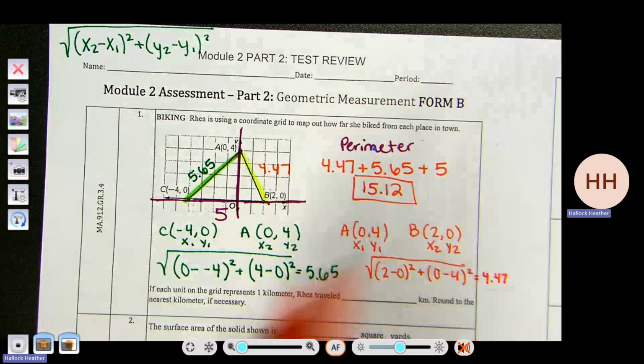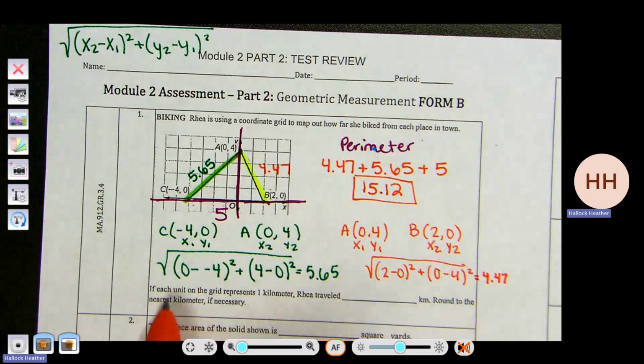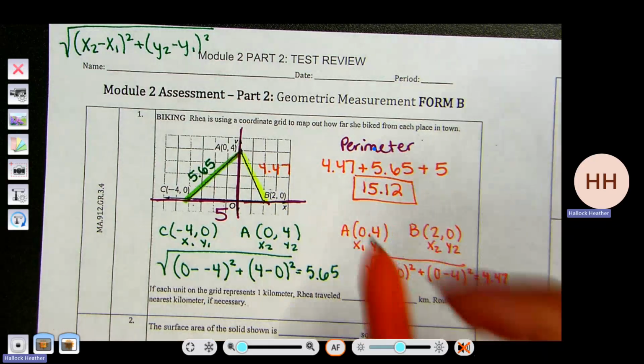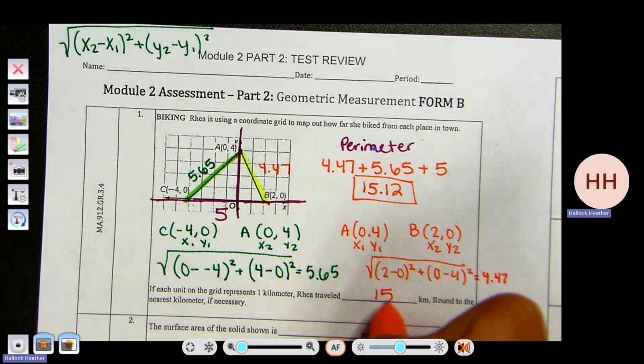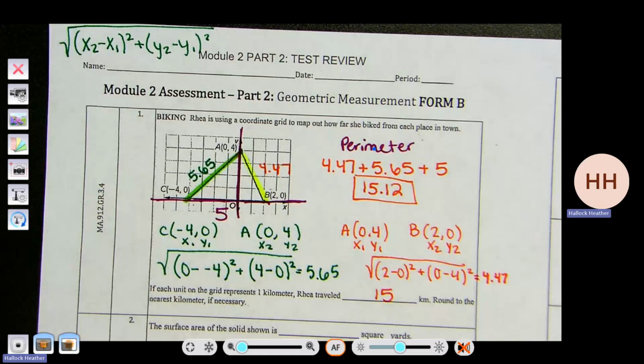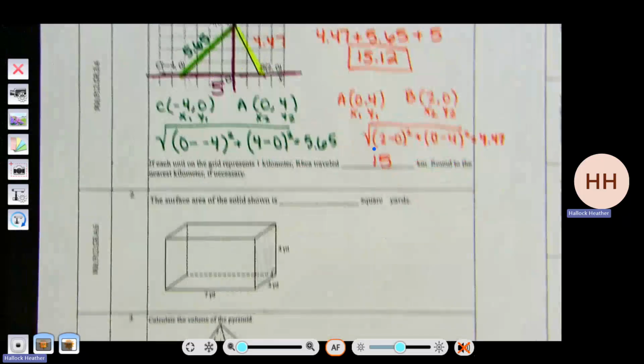Because it says round to the nearest kilometer, if necessary, that means the nearest whole number. So we're just going to say 15, because 15.12 is going to be closer to 15 than it is to 16.